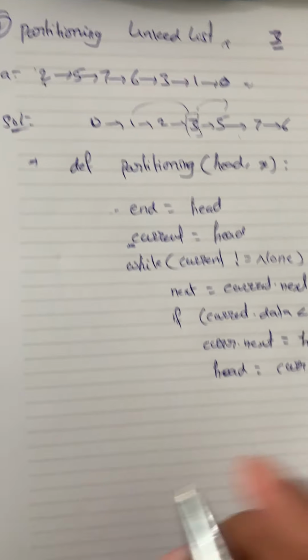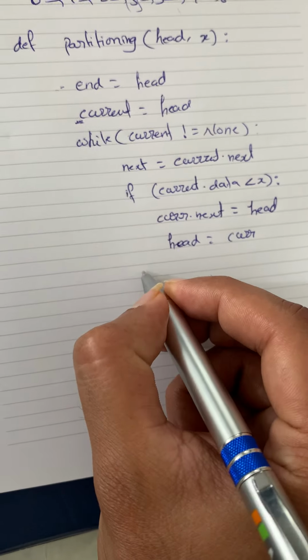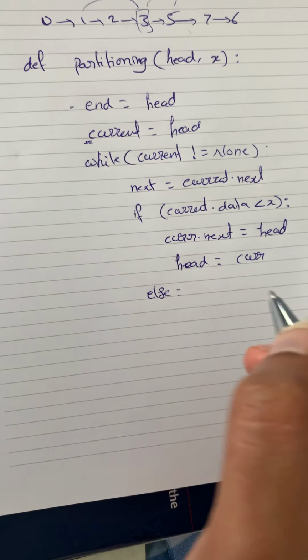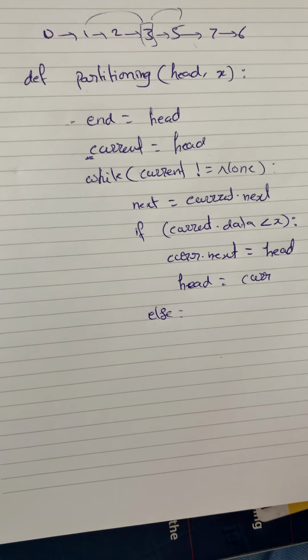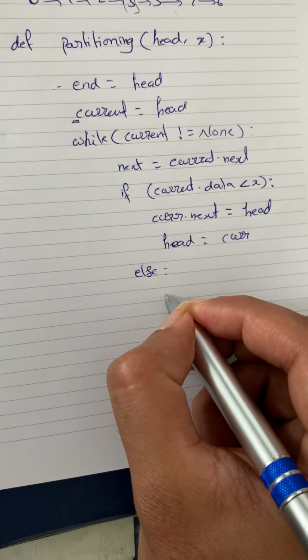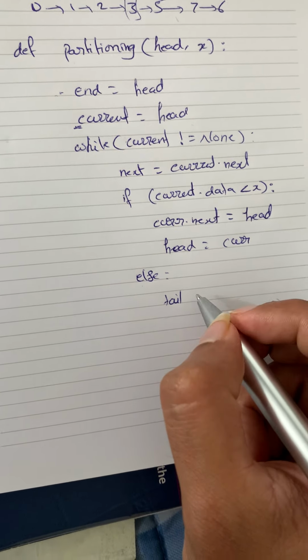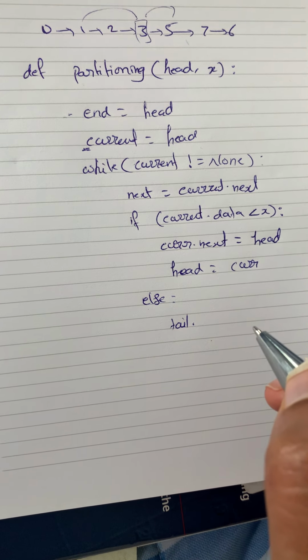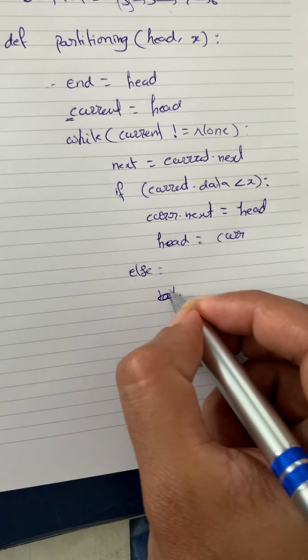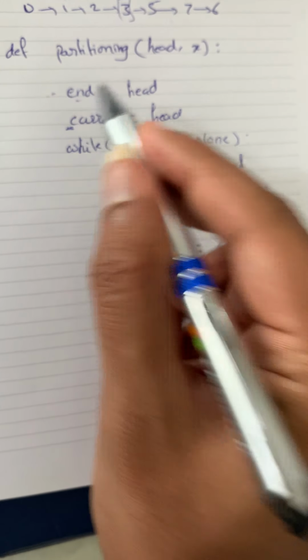But if that is not the case, and the number is greater than the x element, the reference element, which in our case is number 3, we'll just append that to the end of the linked list.